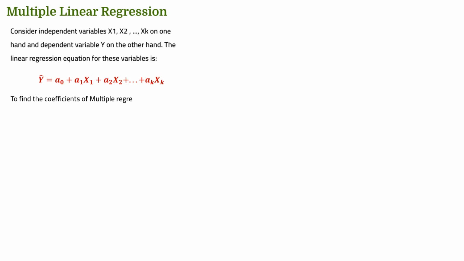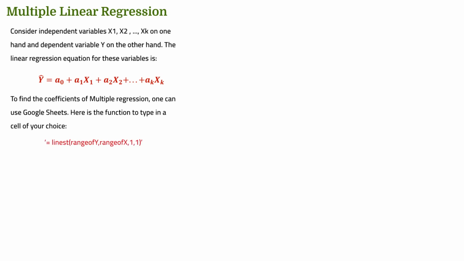To find the coefficients of multiple regression, one can use Google Sheet. Here is a function to type in a cell of your choice: LINEST(range of y, range of x, 1, 1). This function will return a0, a1, a2, all the way to ak.